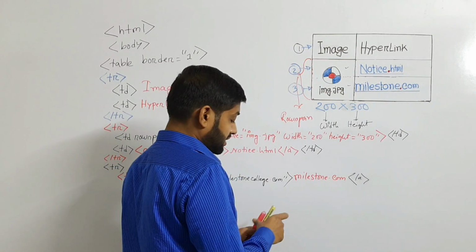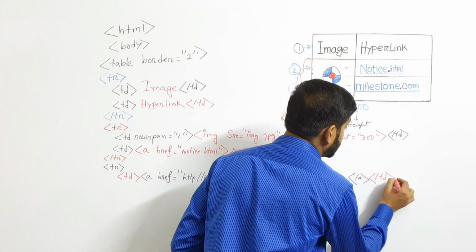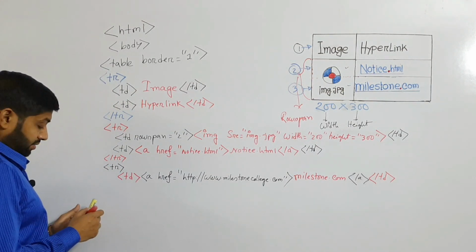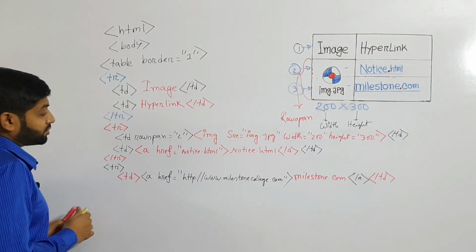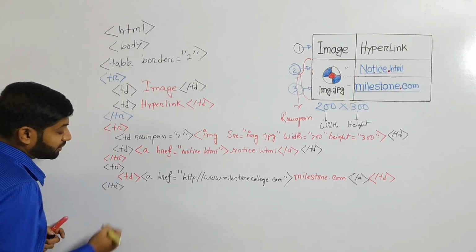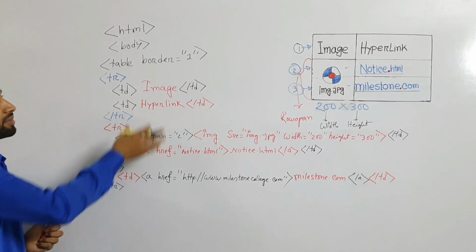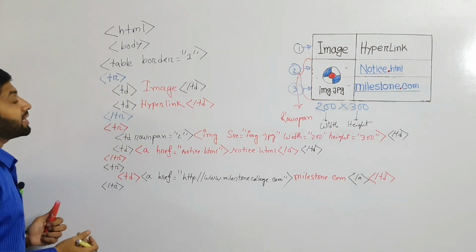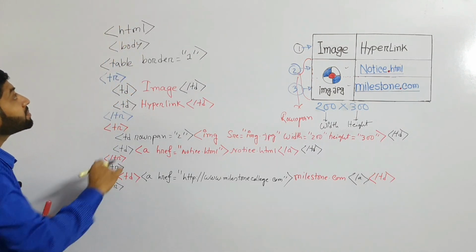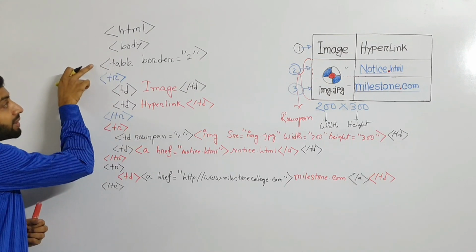Then I will finish this column, TD close. Then I have to finish this row, TR will be closed here. Now what I have to do is finish the sequential tags I opened at the top, like HTML, body and table. In third position I opened table here.